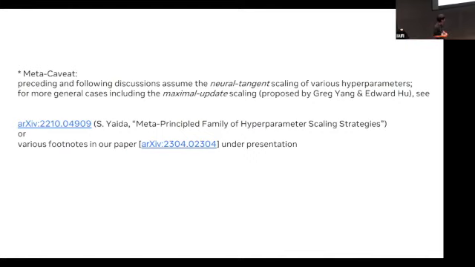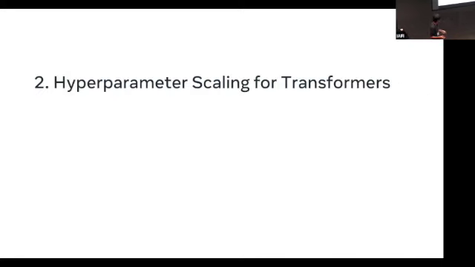Greg Yang and Edward Hu worked it out for deep networks, and there's even a one-parameter family of interpolation between those parameterizations. But I'm not going to talk about that. You can look at the paper, or we have sprinkled many footnotes in the paper I'm presenting. Anyway, so that's the first part.